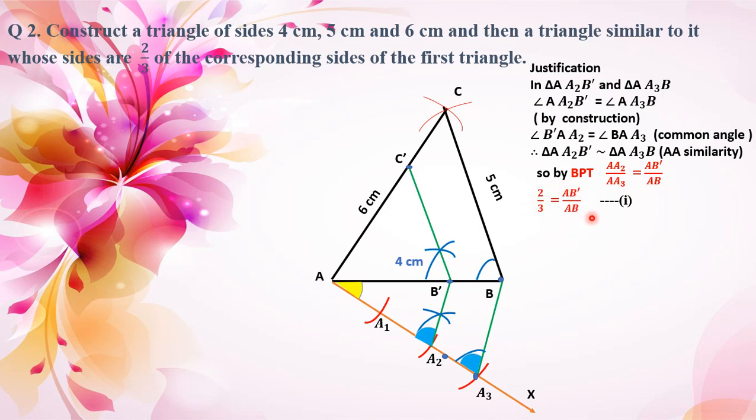Now here AB dash upon AB is 2 by 3. So side AB dash upon AB is 2/3 of the corresponding side of the given triangle.